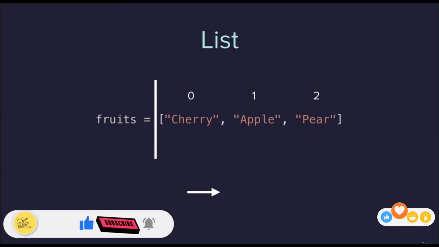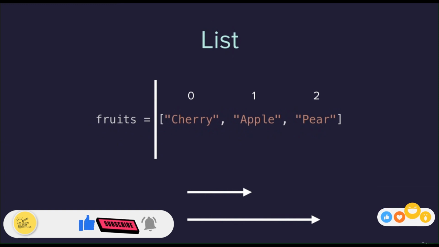But apple is shifted from the beginning by 1, pear is shifted from the beginning by 2, and so on and so forth. Then it kind of makes more sense that the first item in the list is at the beginning of the list, so it has no offset, so it's 0. And you'll find that in many, many programming languages, there are similar data structures to lists, and this is how they're usually ordered, starting from 0 and then adding by 1.